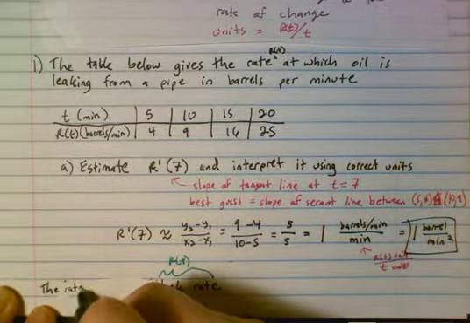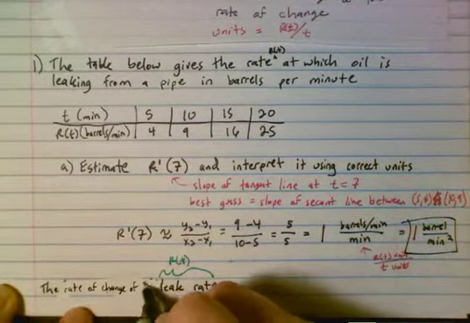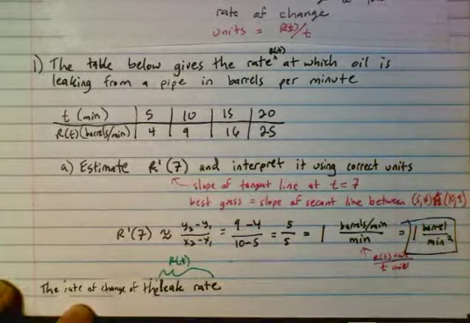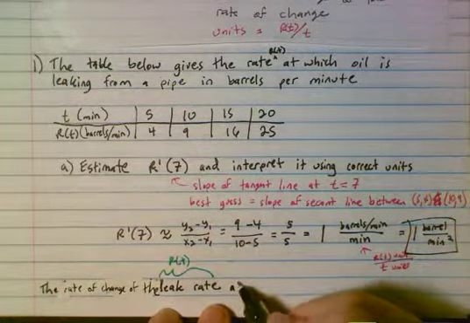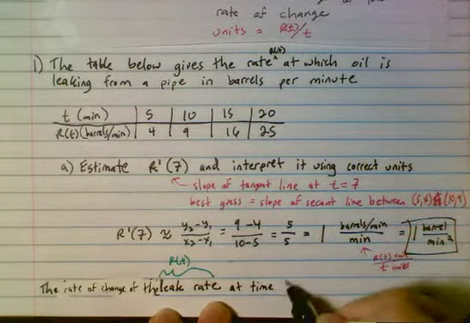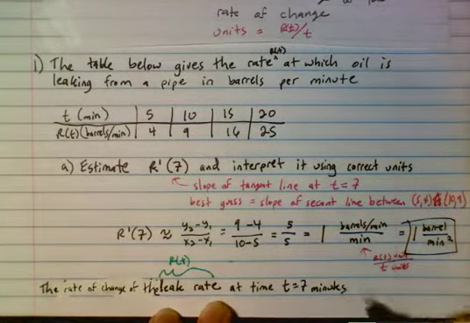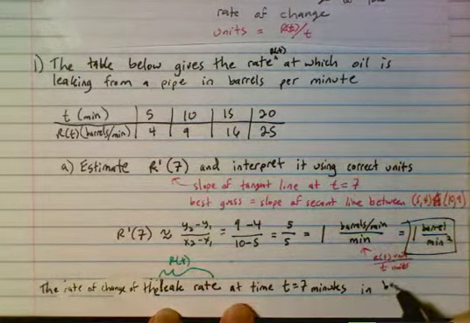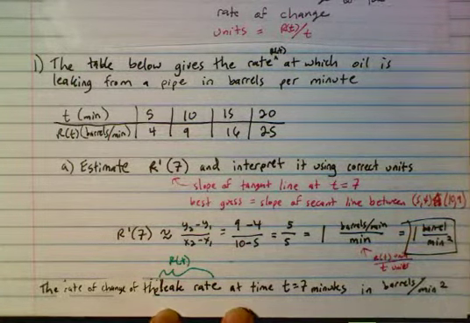The rate of change of the leak rate at time t equals 7 minutes in barrels per minute squared.